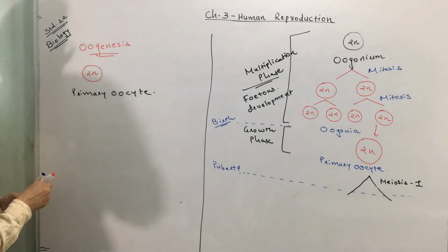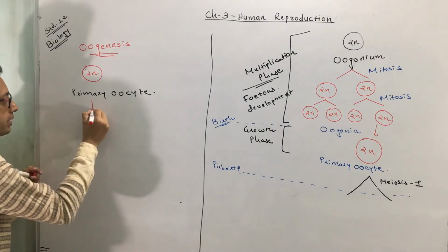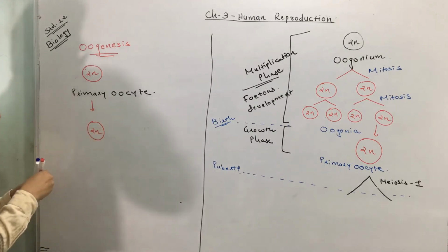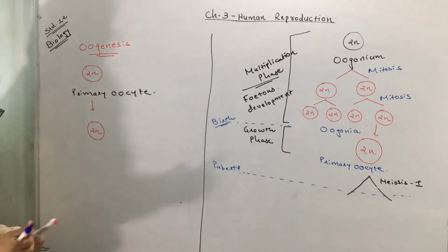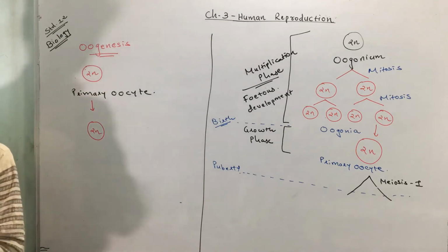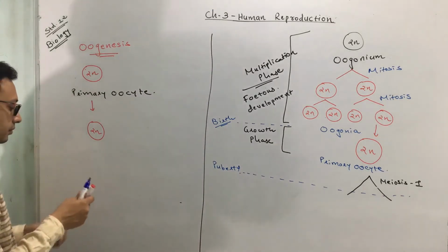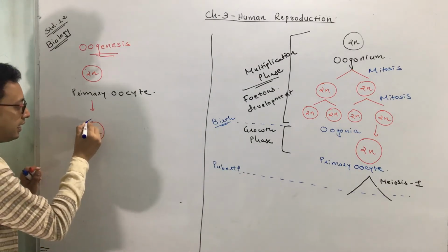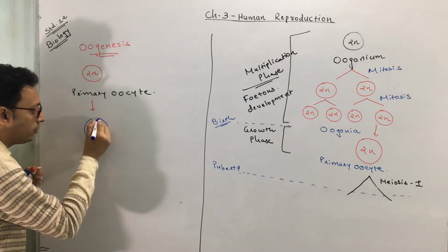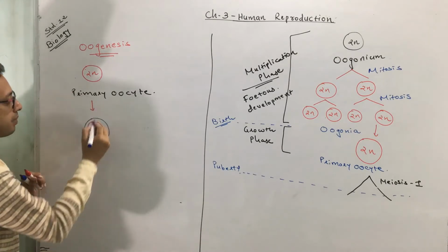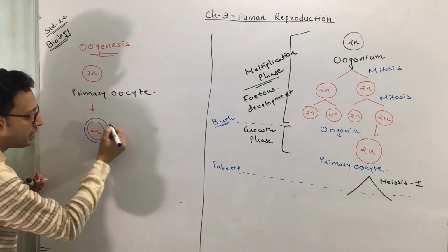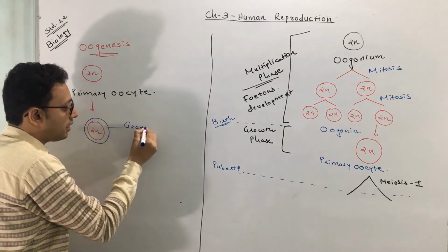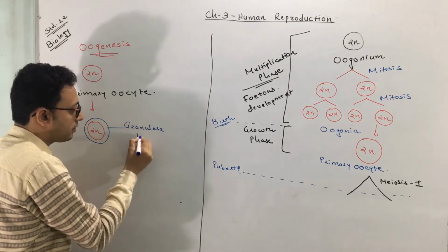This primary oocyte is surrounded by a layer of granulosa cells. This is the granulosa layer.